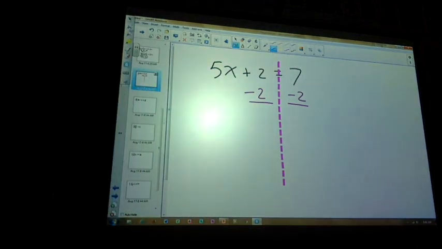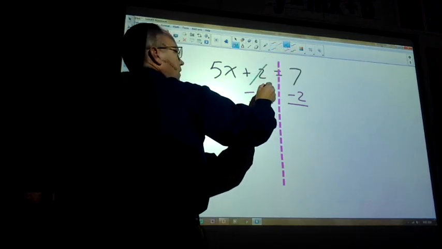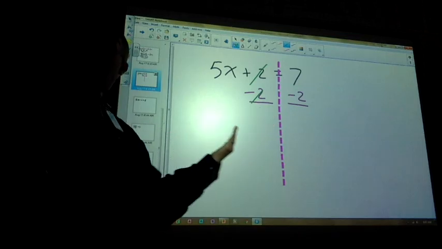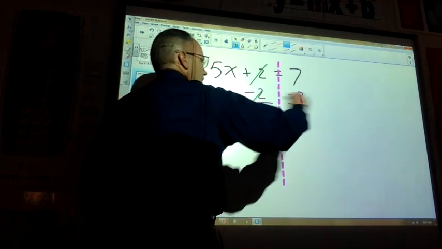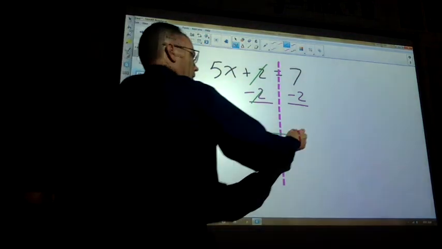Okay? So in order to say equals, it means it's balanced. So what happens to one side of the equal sign has to take place with the other side. Does that make sense? So does everyone feel comfortable that this and this are gone now? Yeah. What's still left on this side of the equal sign? 5x. What's going to be on this side of the equal sign? 5. Is that okay? A 5?